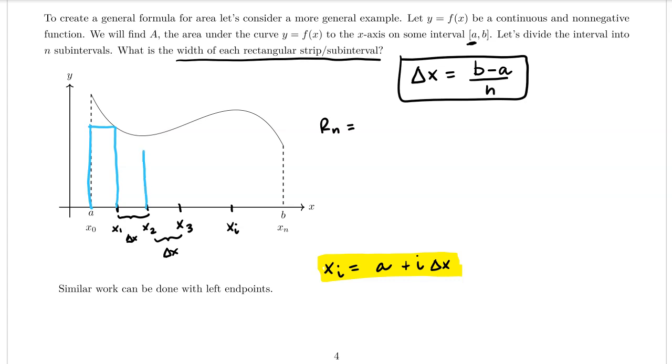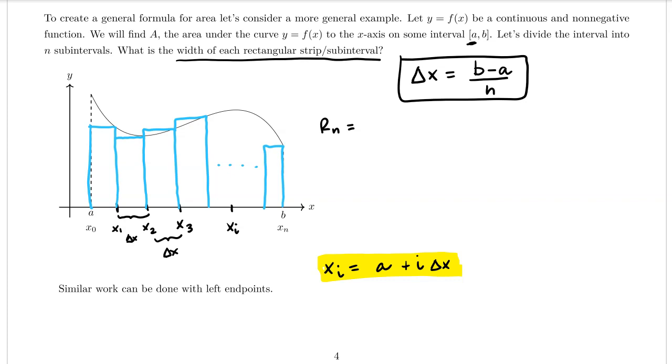My next rectangle would be there, and that would be my next rectangle. X sub 4 would give me something like that, and that's going to continue on until my very last rectangle. And my very last rectangle, its height is dictated by the b value, or x sub n, and so that would stop and it would look something like that.